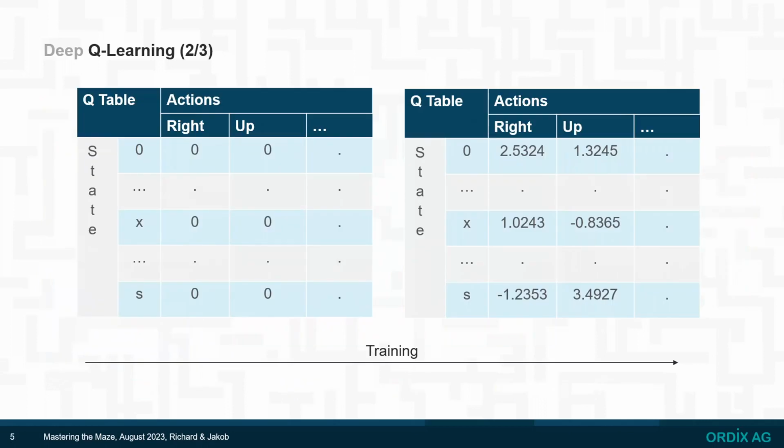In Q-learning, we have tables. These tables have a state and actions associated, and for every state-action pair, there is a Q value. The Q value inside the table is the expected reward over time. So if I have a state X and I look in the table, and if I go right, then I expect the reward in the end to be 1.